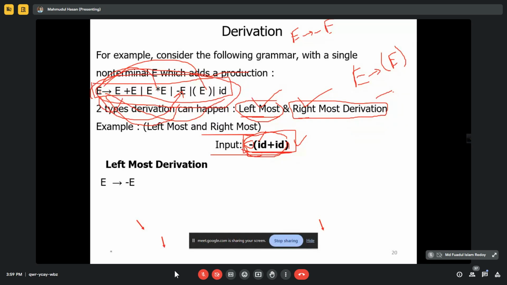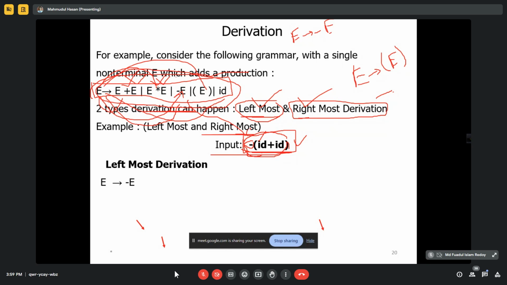It starts from E, so which one do you need to choose? You need to choose the production rule in such a way that you can generate this input. Choosing the production rule is very important. If you fail to choose the right production rule, that means you are not able to generate the expected input. Got my point? Yes, sir.